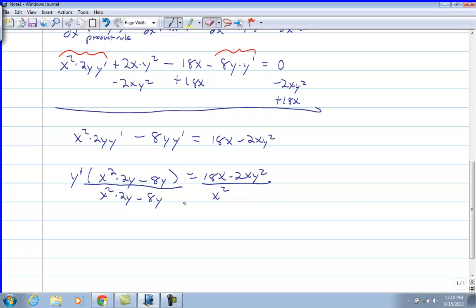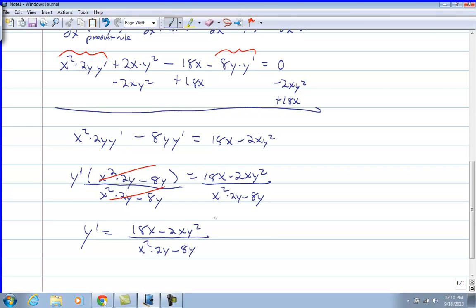Dividing by x squared times 2y minus 8y, over here on the left, that divides out. We have y prime equals 18x minus 2xy squared divided by x squared times 2y minus 8y.